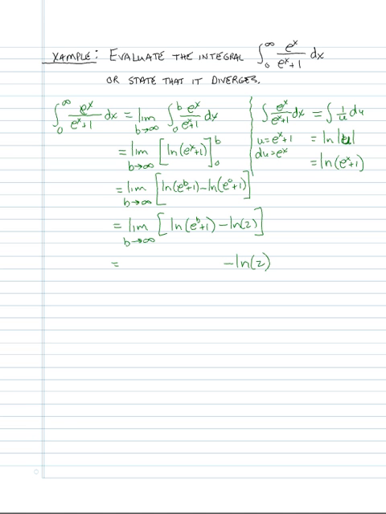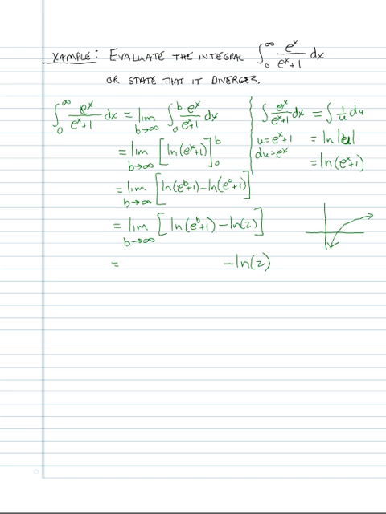And so we're taking the natural log of something, and just knowing what the natural log graph looks like, the natural log graph will look like this, won't it? Okay. Now, what's going on? Well, we're letting b get larger and larger.